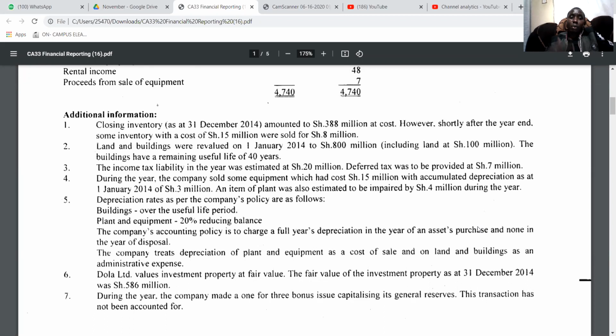They were mentioning that once you do depreciation for plant and equipment, you are supposed to classify that under the cost of sales. And for the depreciation for building, the examiner was trying to twist this additional information by checking if you know that land is not depreciated. So he just mentioned intentionally that the depreciation of land and building is to be taken to admin.